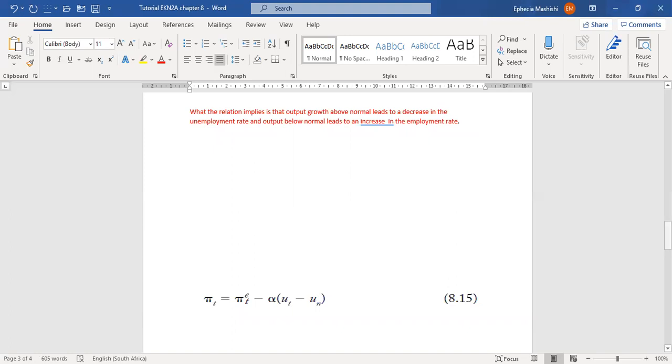Inflation is a function of expected inflation, and at the same time, it's a function of the negative of the unemployment gap. The theta shows how strong or weak the relation between the unemployment gap and actual inflation is.